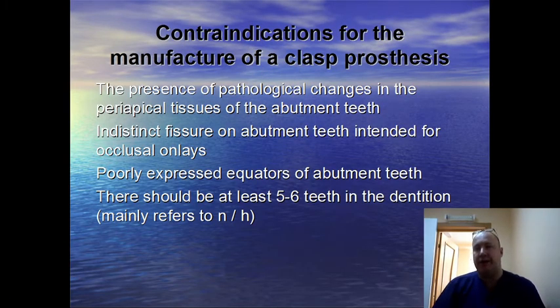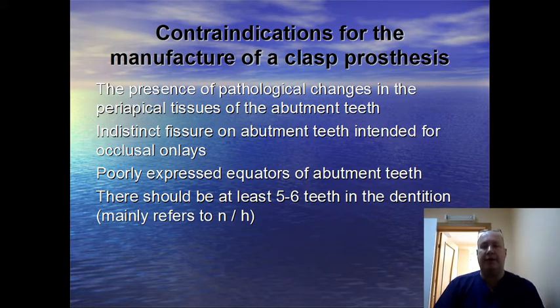Contraindications for the manufacture of clasp prostheses. The presence of pathological changes in the periapical tissues of the abutment teeth. The second one, indistinct fissure of abutment teeth intended for occlusal inlays. Poorly expressed equators of abutment teeth.